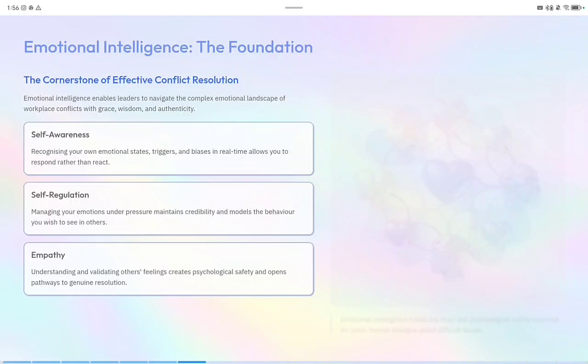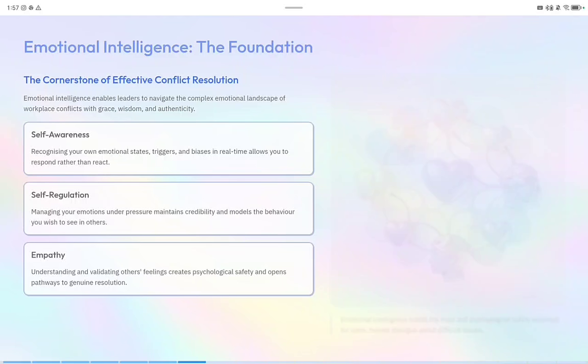Self-regulation means how you manage your emotions when you are under pressure and maintain credibility and model the behavior you wish others to see, because an emotionally intelligent leader is usually looked upon by his team, and modeling those behaviors consistently with the team is critical as well.